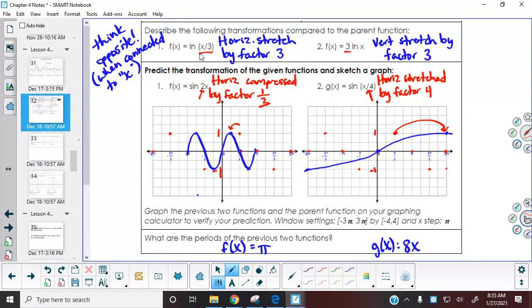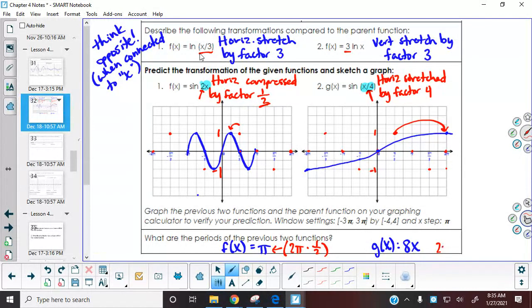So as you look at your periods, it's going to be directly connected to whatever is connected to your x. So for example, here, what are the periods of the previous two functions at the bottom? The original period is 2 pi, but because everything has been divided by 2 or multiplied by 1/2, that is going to then affect your period. Same thing here.